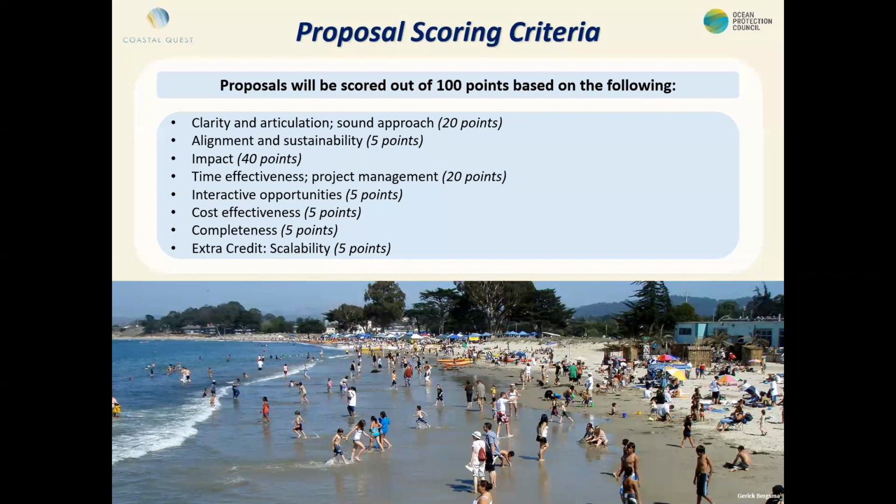The next category is time effectiveness and project management. And here we are looking for the project task list, timelines, descriptions of risk and mitigation strategies that show feasibility of completing the outlined tasks in a timely manner, as well as project staffing is appropriately experienced and possesses the skills needed to successfully complete the project.